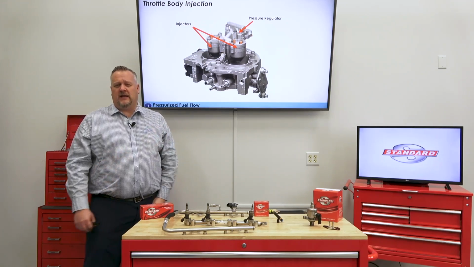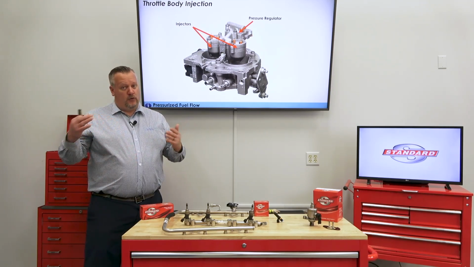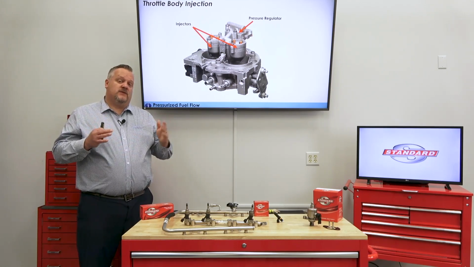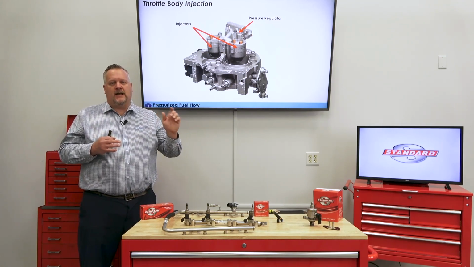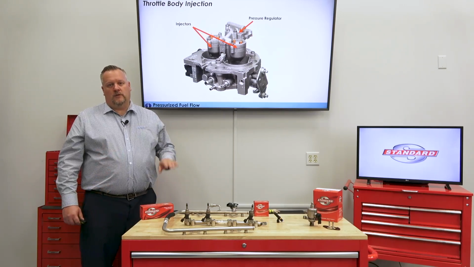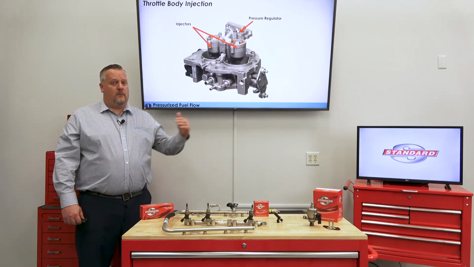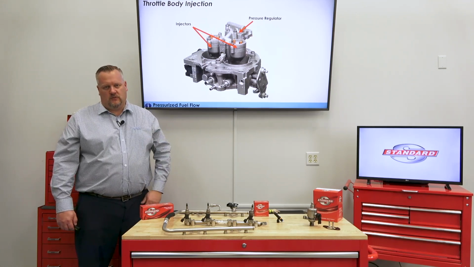Now this is when we started getting fuel trims and the adaptation, and the vehicle's ability to fine-tune on its own the amount of fuel to maintain the proper air-fuel ratio as desired, not only for performance requirements, but also for emission requirements.